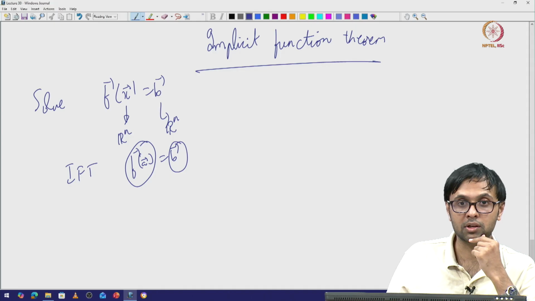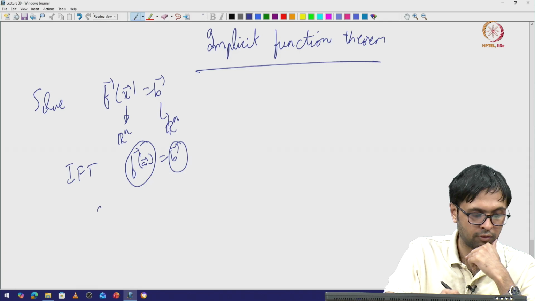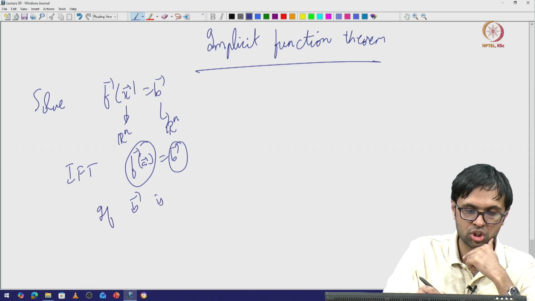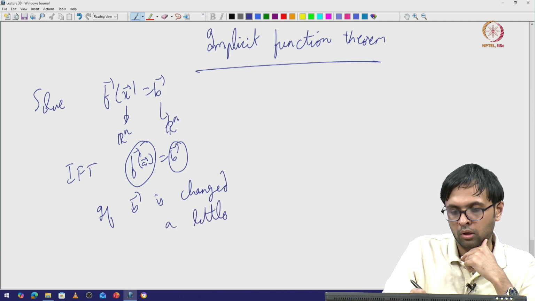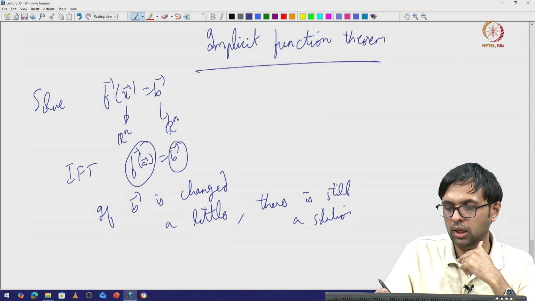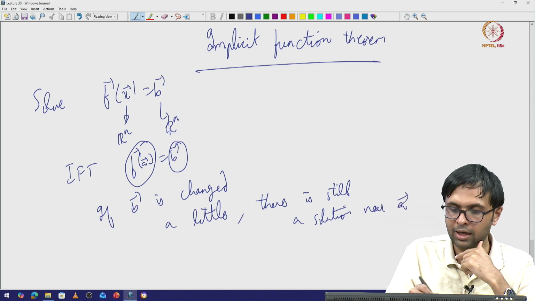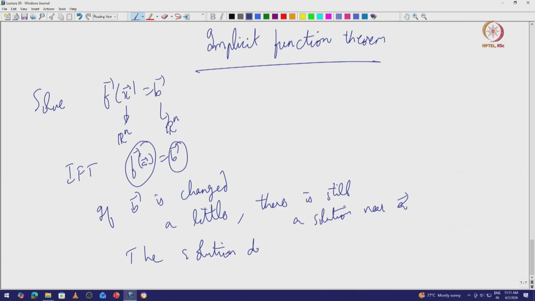That is roughly what it says. Basically, if B is changed a little, there is still a solution which is near A, and in fact the solution depends in a C^r manner on the right hand side.